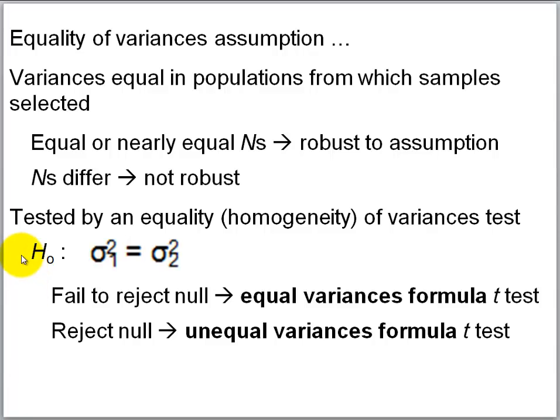So your computer package is going to carry out an appropriate equality of variances test. Now, if the computer package fails to reject the null hypothesis of equal population variances, so in other words, you don't get evidence that variances are not equal, in that situation, you're going to carry out an equal variances formula t-test. If the equality of variances test rejects the null of equal population variances, you are going to carry out an unequal variances formula t-test.